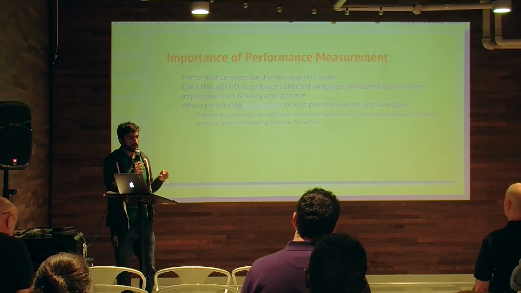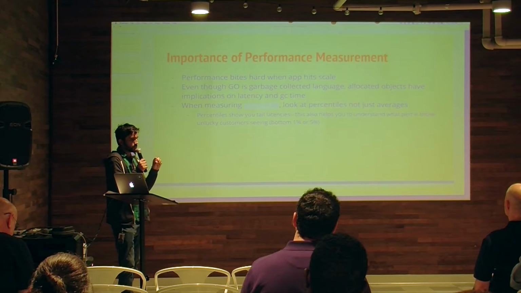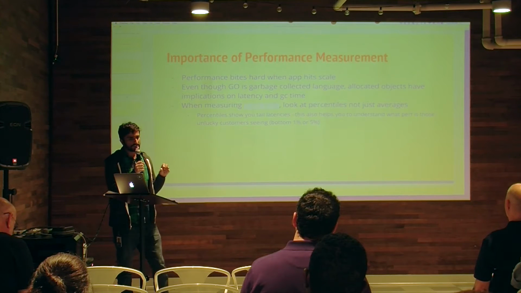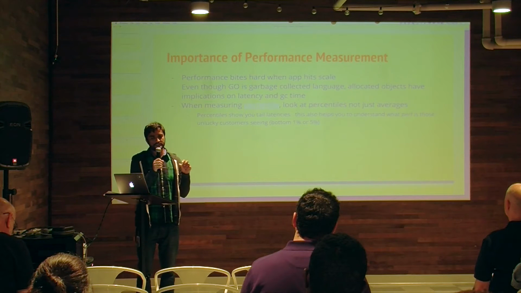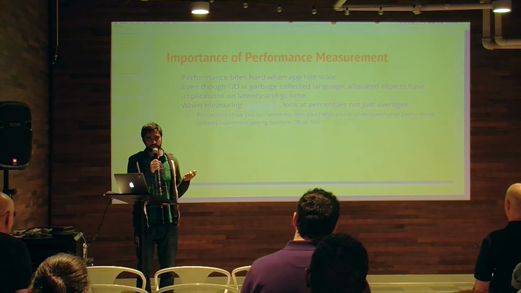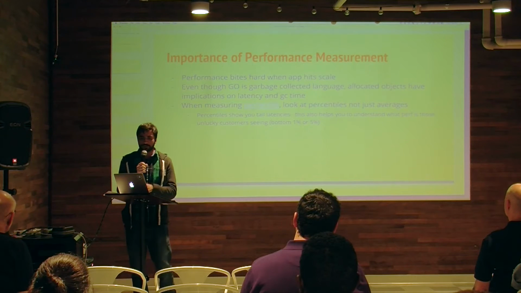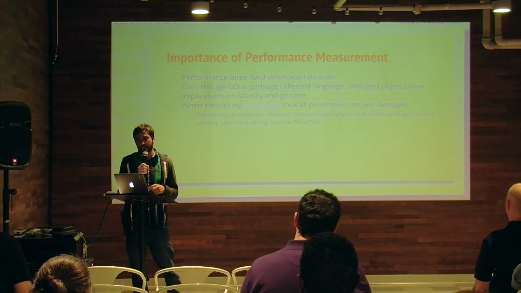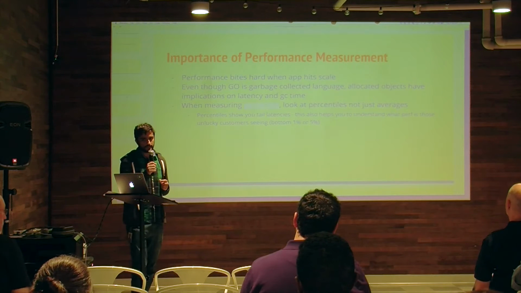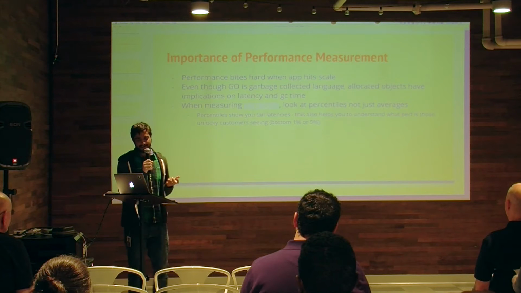Those are the percentile ranks where you would see GC coming in. P99 is usually where you would see GC pauses. Yeah, Go, like Java, is also a garbage collected language, and you should be very careful in allocating objects in the heap.